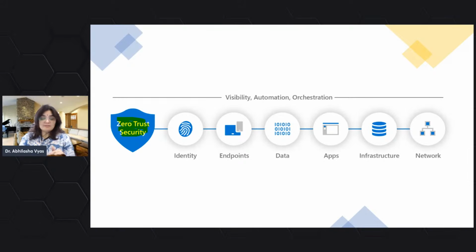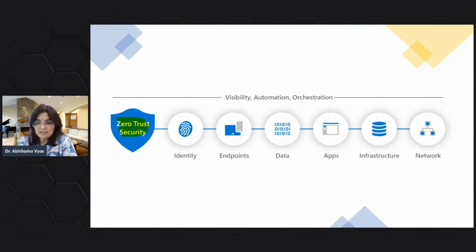We are always assuming that there is a breach. That's a plus point of zero trust: in today's scenario, regardless of where the request is coming from, who is the originator of the request, if you have implemented multi-factor authentication, be it an admin, a normal user, or an external user, the user will have to go through MFA for the authentication. That's the kind of power zero trust is giving.